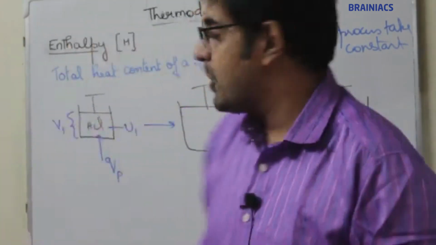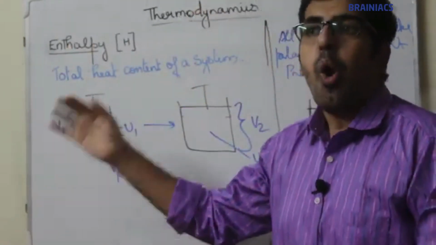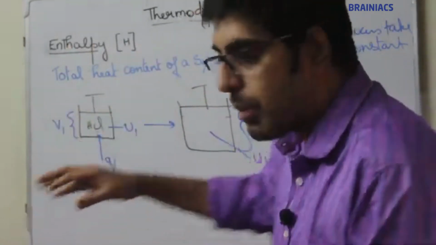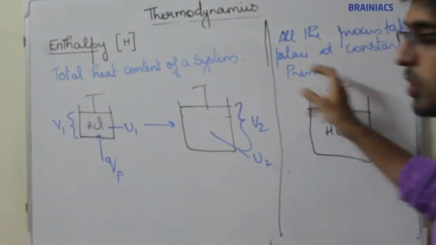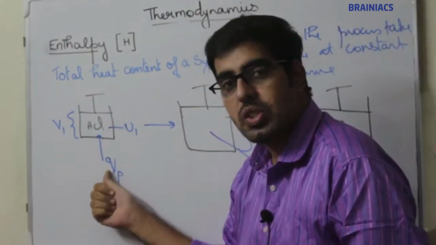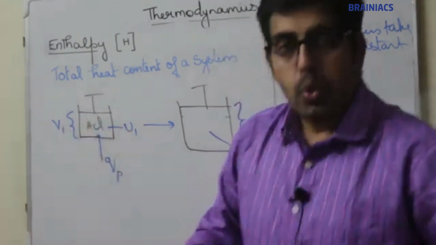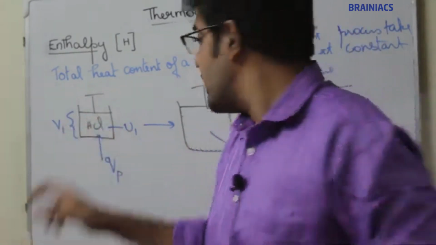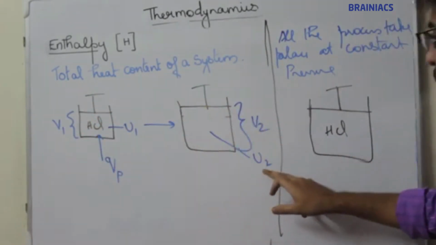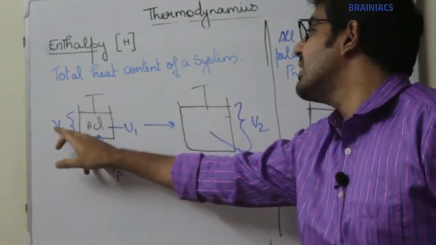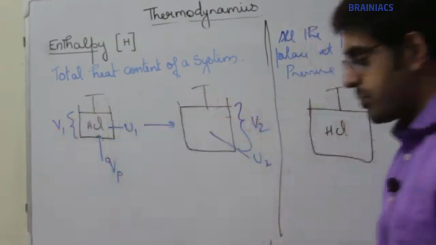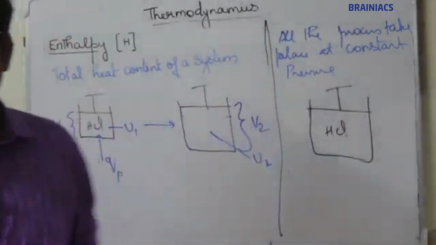I think it's clear. So when we supply heat energy at constant pressure, QP, that heat energy is used to increase the internal energy. So the internal energy of the molecule increases to U2 and the volume changes to V2. I think it's clear till here.